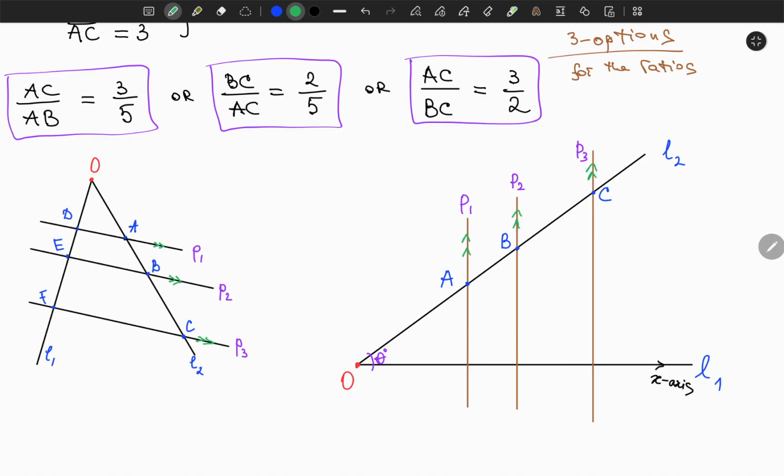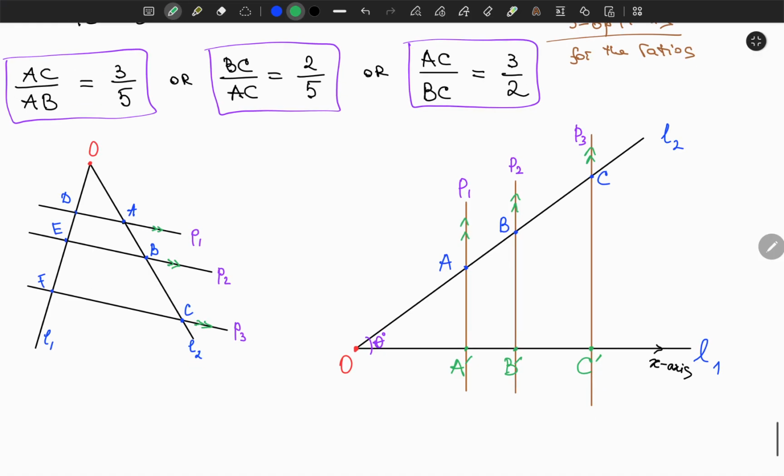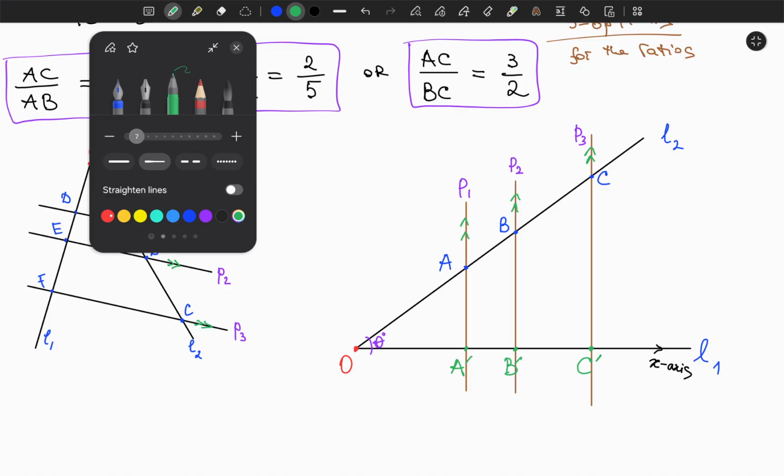This point is its projection on the x-axis, A prime. For B it's going to be B prime here, and for C this point is going to be the projection C prime. That's very important.